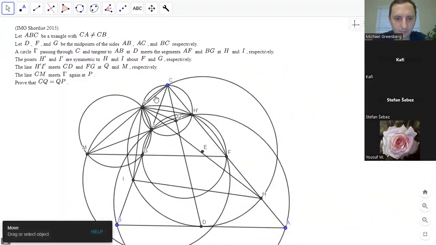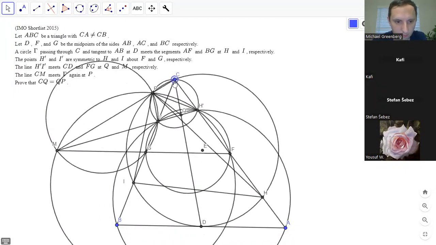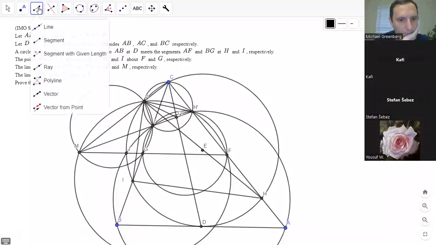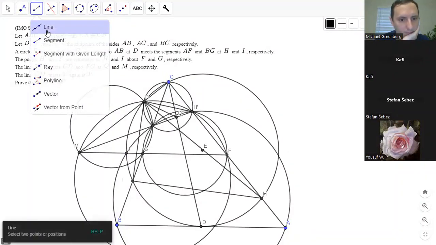You can also use power of a point to prove that P is the Miquel point. These concur by radical axis: G and F lie on the radical axis of those two circles. So that's why.